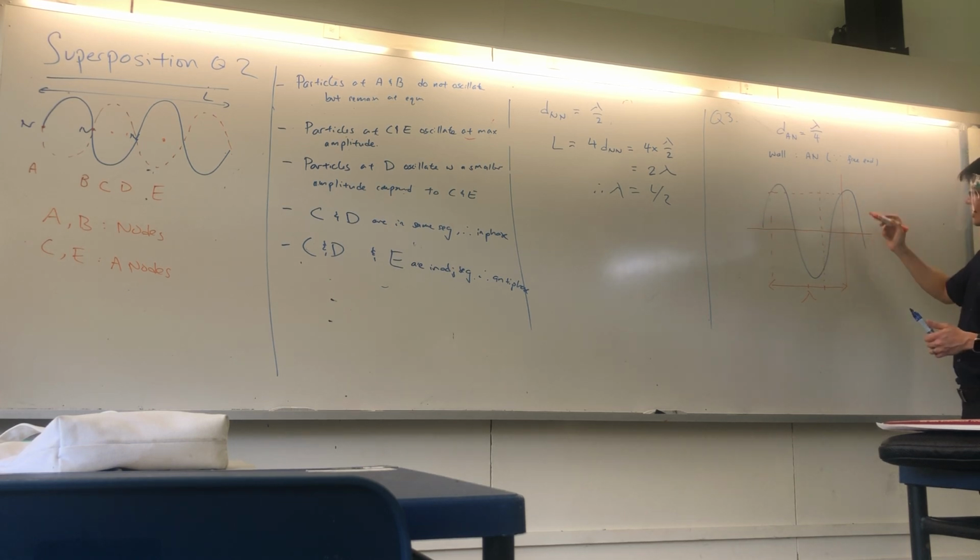Is it reasonable that it's C? This is where my node is, and this distance is wavelength over 4.